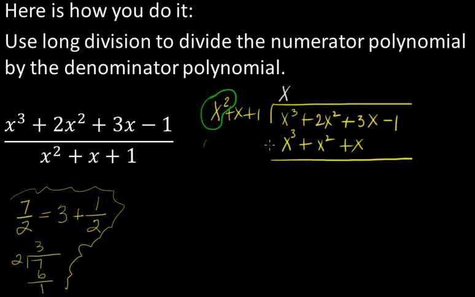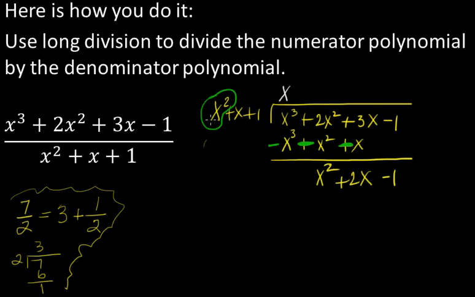So you might want to just go through and change the sign of everything and then add, or you can just remember and subtract. I change the sign and now I add. So the x cubed and the minus x cubed cancel, and I have 2x squared minus x squared is x squared. 3x minus x is plus 2x, and I have the minus 1.